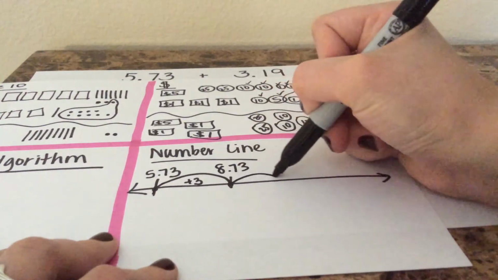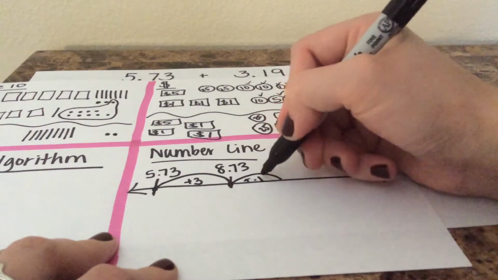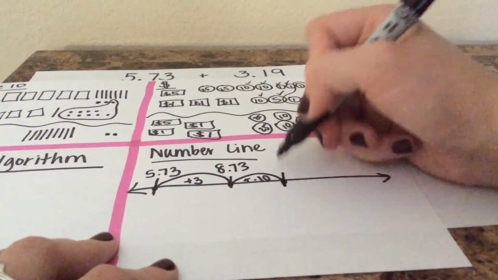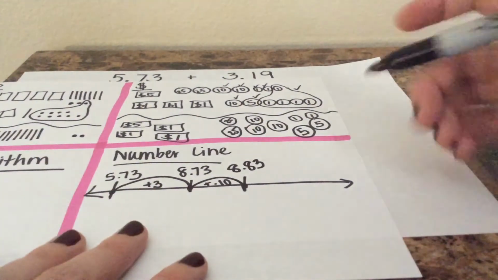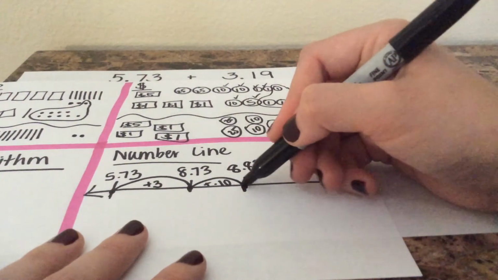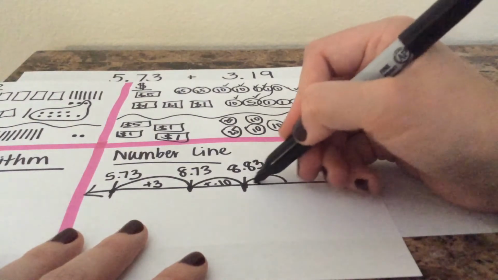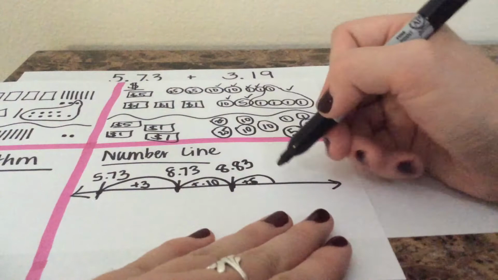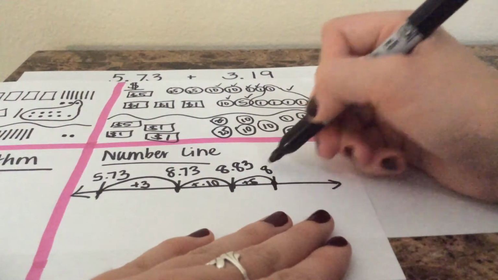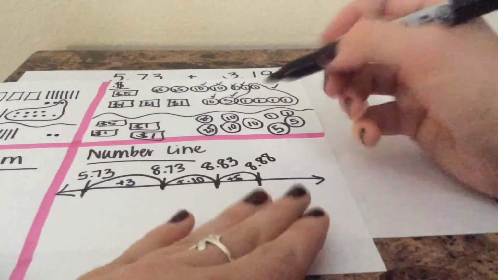So I'm actually going to add my tenths first, which is plus 0.10, which gives me 8 and 83/100. Now I have to add 9. You can add this in any way you like. I'm actually going to add 5 of it first, 0.05 first. And that brings me to 8 and 88/100.